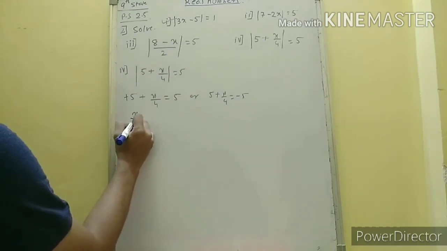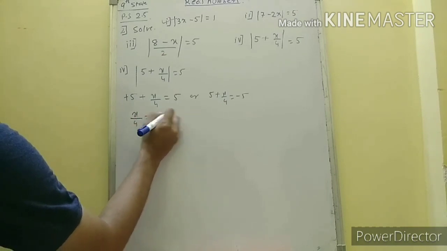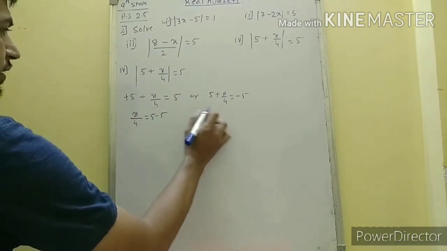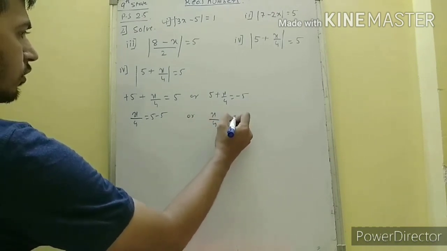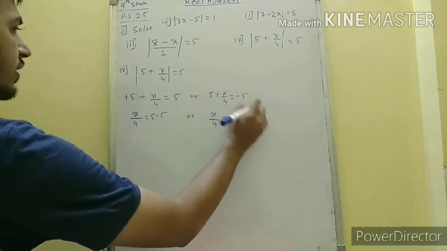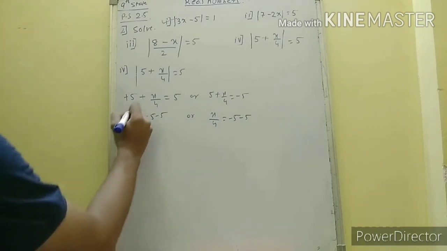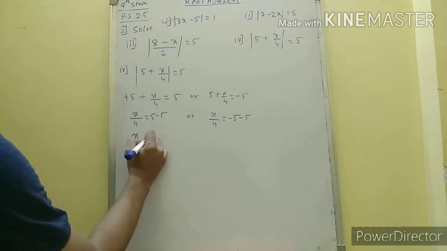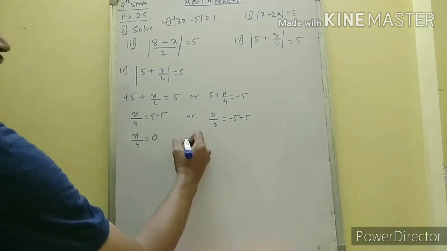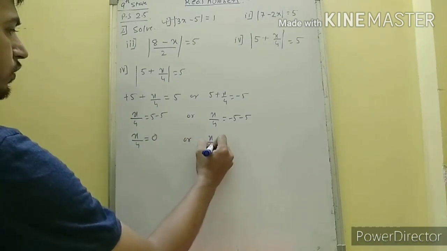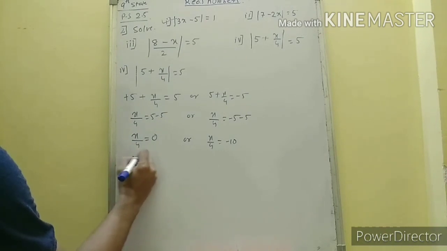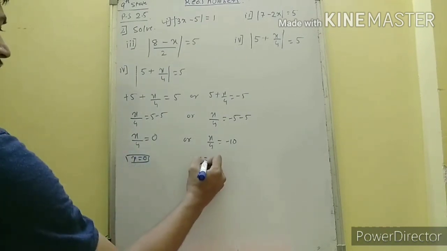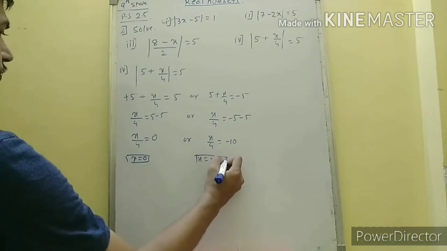So we have x upon 4 is equal to 5 minus 5, or x upon 4 is equal to minus 5, plus 5 will go there and become minus 5 as well. So x upon 4 is equal to 5 minus 5 is 0, or x upon 4 is equal to minus 10. So x is equal to 0 or x is equal to minus 40.